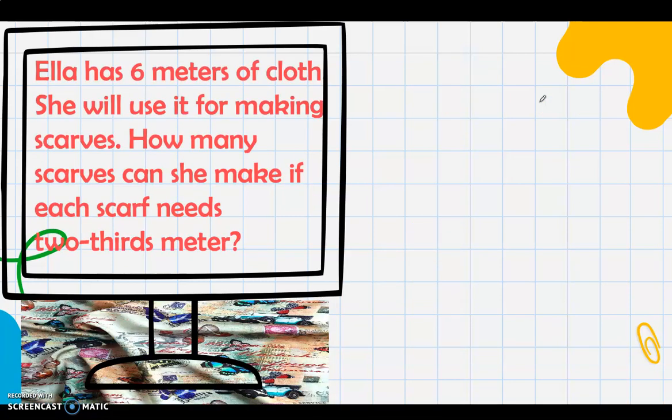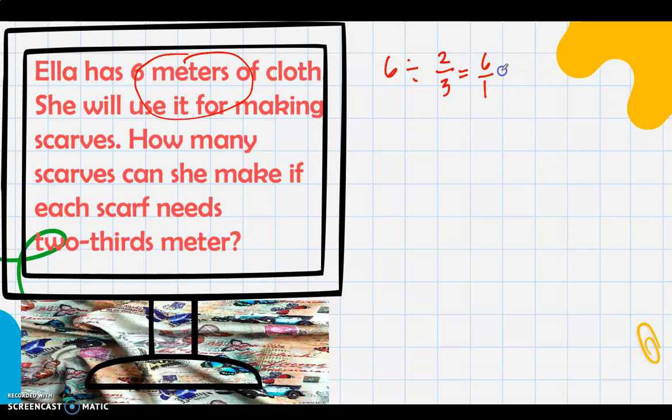Next, Ella has 6 meters of cloth. She will use it for making scarves. How many scarves can she make if each scarf needs 2/3 meter? Ella has a total of 6 meters of cloth, so that is your dividend. You divide it by 2/3, what each scarf needs. So we have 6 over 1.